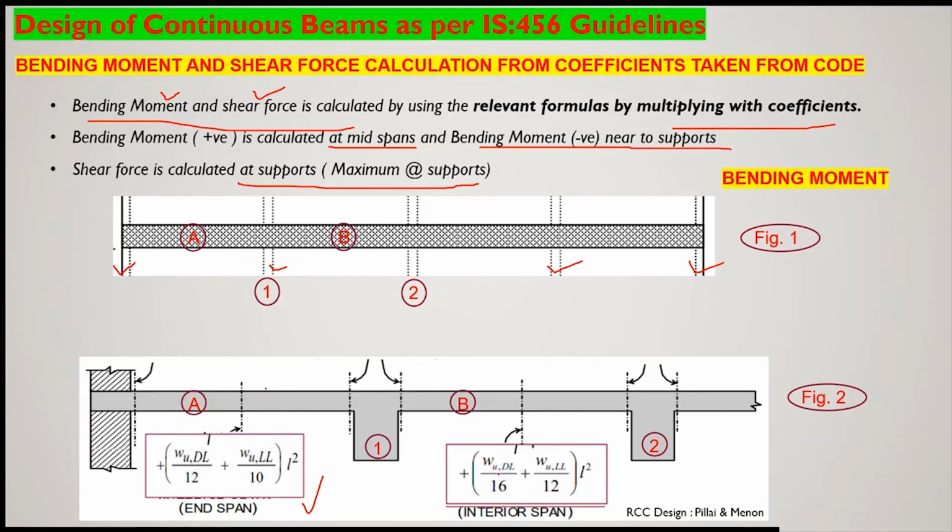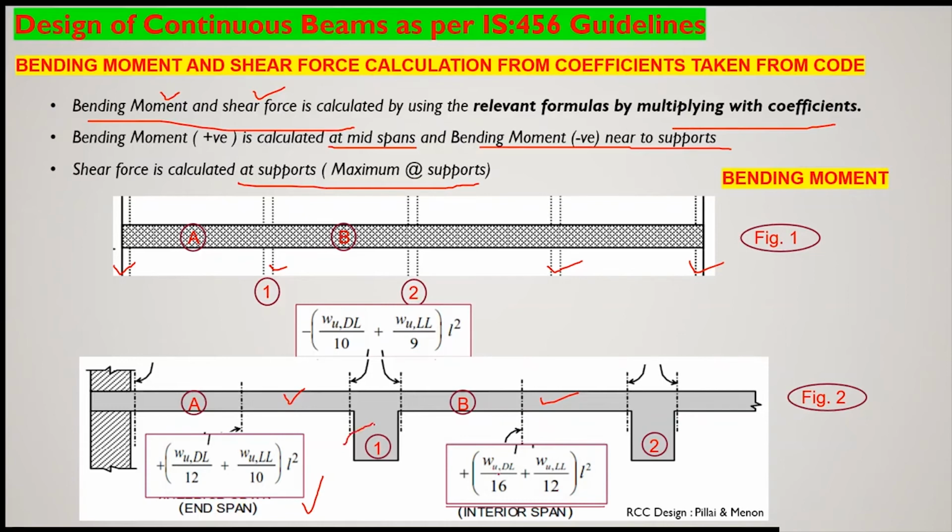Now this is the end span. I hope you are very clear. This is the end span and this is the interior span. Now this is the negative bending moment near the support. Which is this? Support number 1. It is the support next to the end support. Table number 12 gives us the coefficients for the moment for a support which is next to the end support, not at the end support, just next to the end support.